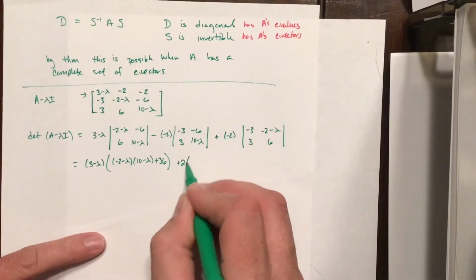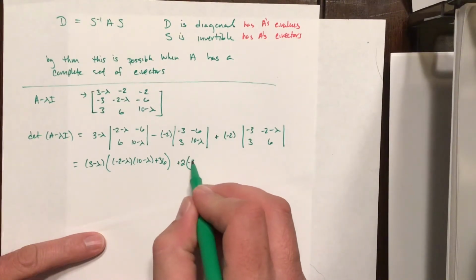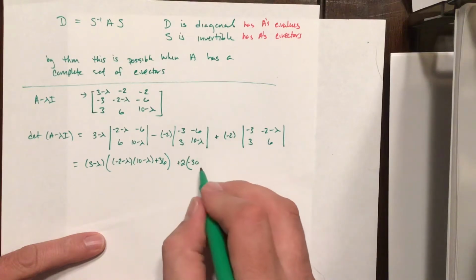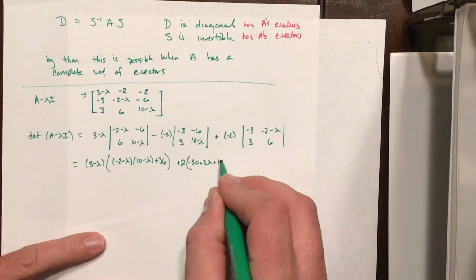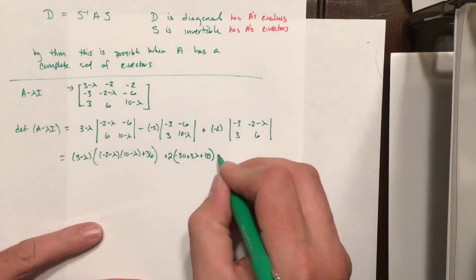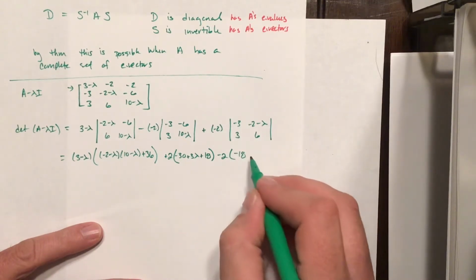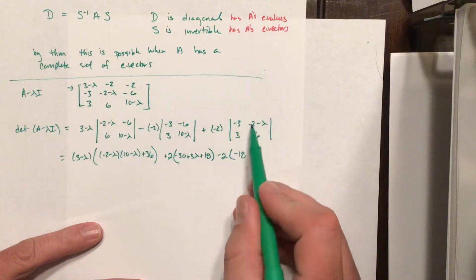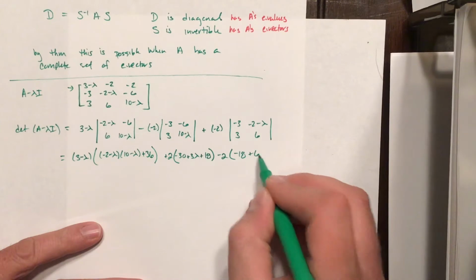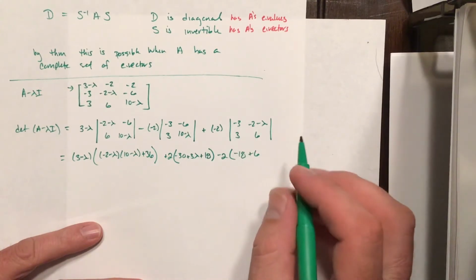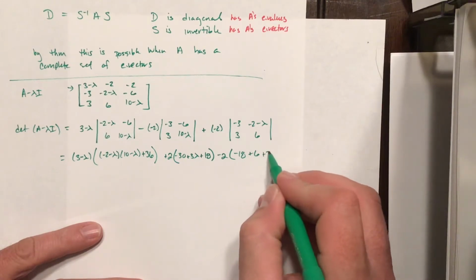Plus 2 times negative 3 times 10, so that's negative 30, plus 3 lambda, minus a negative 18, so plus 18, minus 2 times negative 18, minus 3 times negative 2, so that's 6, and minus 3 times negative lambda, so that's 3 lambda.